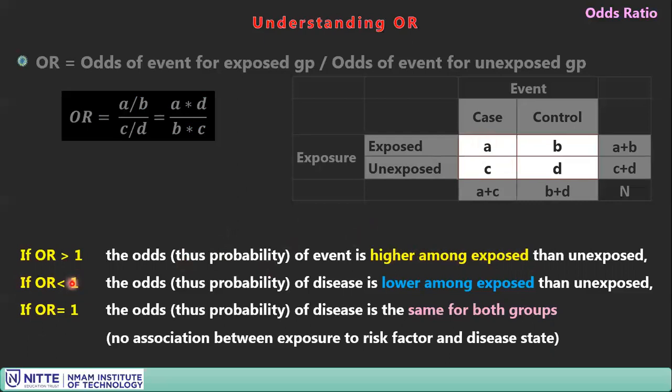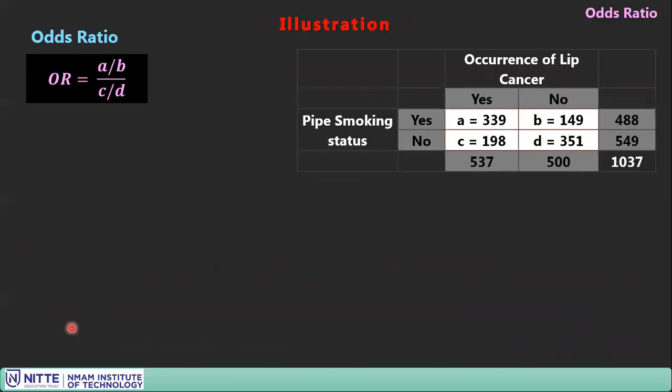If OR is less than 1, the odds of that event or disease occurring are lower for the exposed group. If OR equals 1, the odds of the event occurring are the same for the two groups. That means there is no association between the exposure and the event; there is no relation when OR is equal to 1.